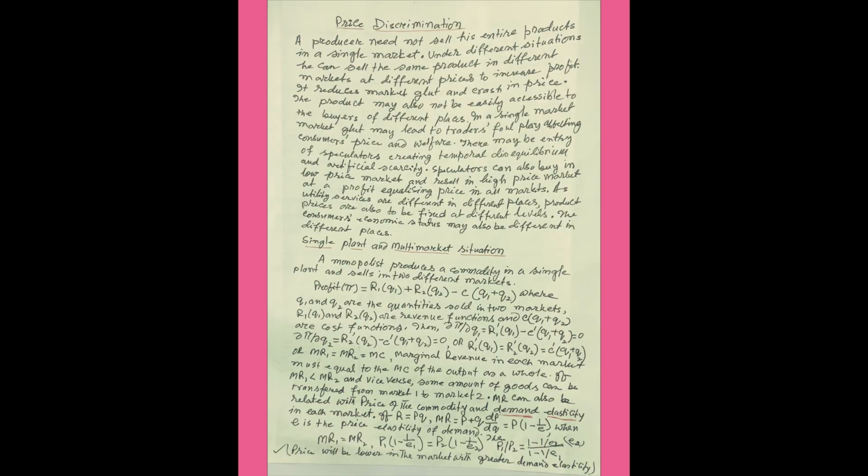Now let us see single plant and multi-market situations. Suppose a producer will produce in a single plant and he will sell in different markets. Then what will happen?